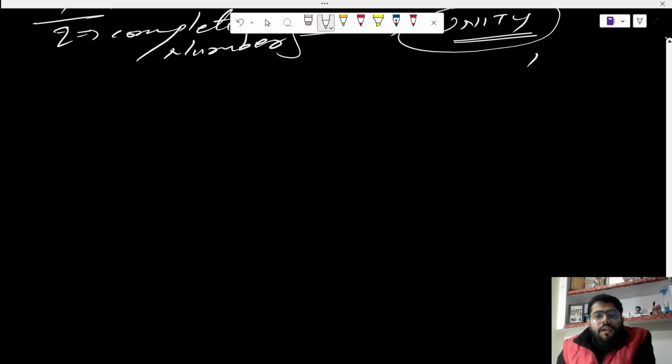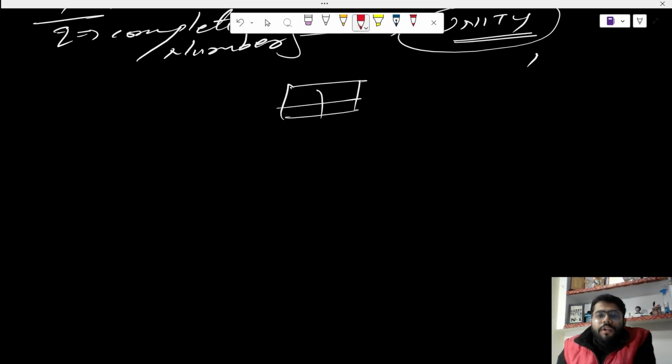For example, suppose we make a square and color a particular portion of it. I'm going to ask you what part of this object is colored. The colored part is 1 by 4: one part of the 4 total parts is colored.